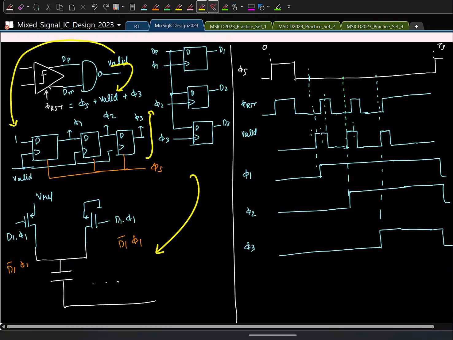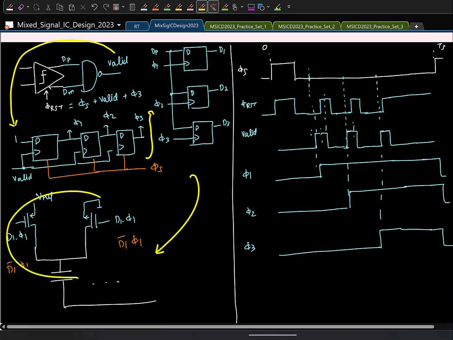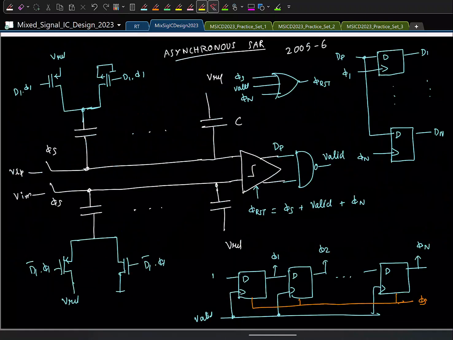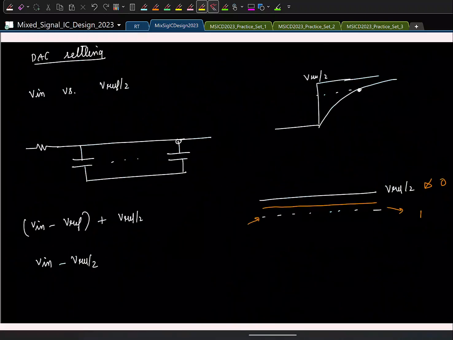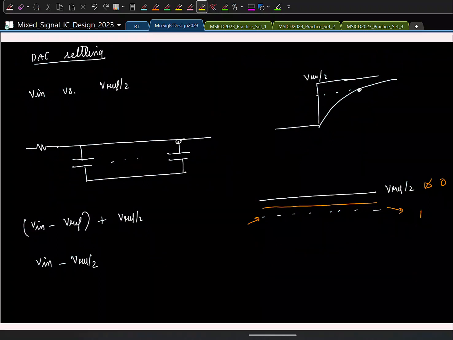So it can so happen that by the time we start the comparator, this guy has not settled fully. Is that clear? So this is a problem, especially in the first step, because in the first step we are jumping from 0 to Vref by 2. That's a huge jump. So we'll see what will happen because of that.